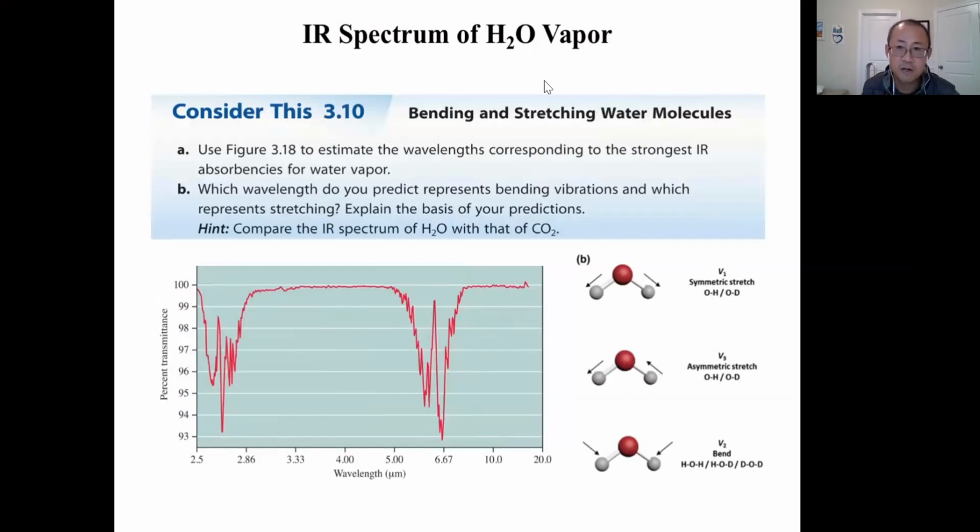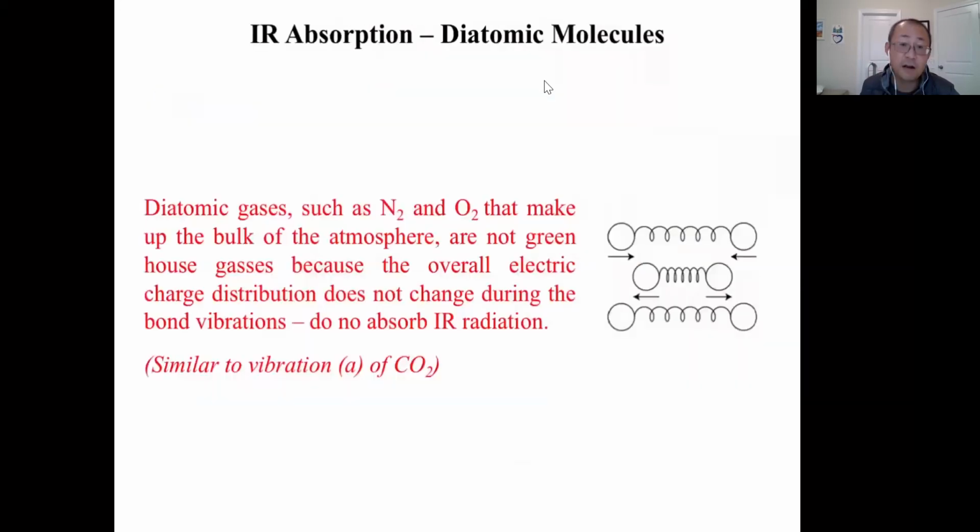Can you explain which part of the wavelengths corresponds to which type of absorption? Remember, stretching takes higher energy, so stretching vibration wavelengths will be shorter. Bending will be longer.